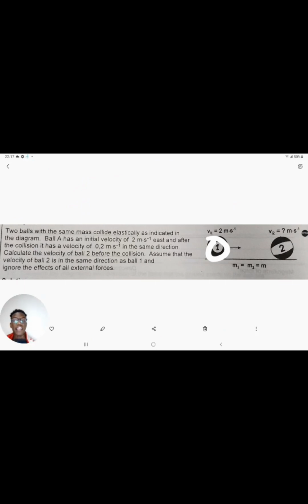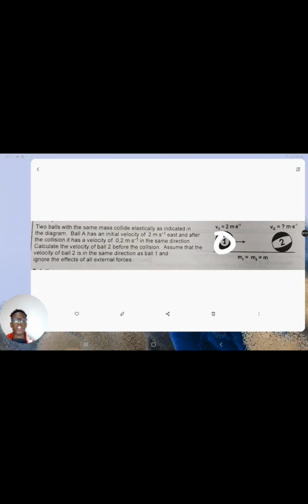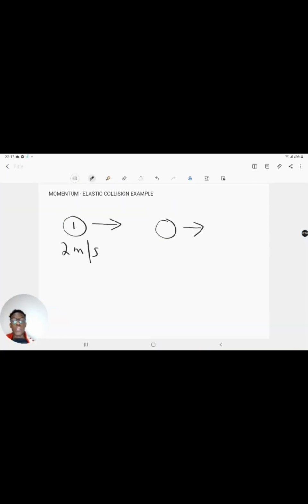Remember, in the question, that last line there, they say assume that the velocity of ball 2 is in the same direction as ball 1 and ignore the effects of all external forces. So we are assuming that ball 2 is traveling east as well, just like ball 1, but you're asked to calculate its initial velocity, before the collision.